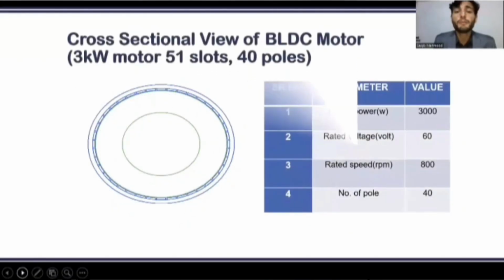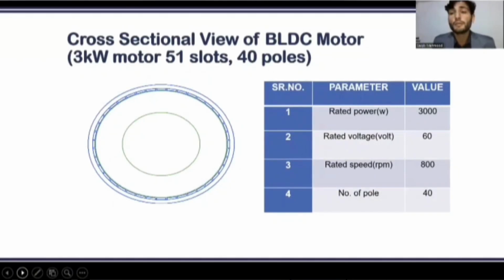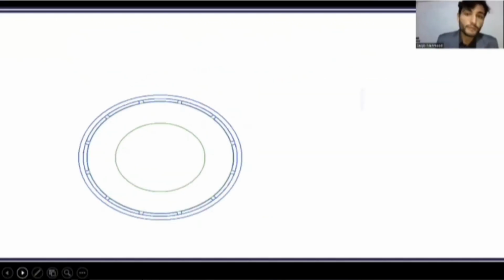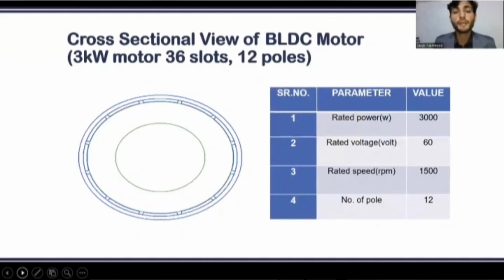For the 51 slot 40 pole model, we selected 40 poles, and we wanted to run this motor on 60 volt DC. The speed and the rated power were kept constant for this model. For the 36 slot 12 pole motor, we kept the rated voltage as 60 volt and rated power 3000 watt. The number of poles was changed because this is a whole new model, so we kept 12 poles.